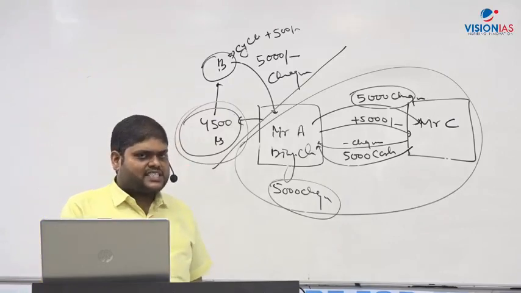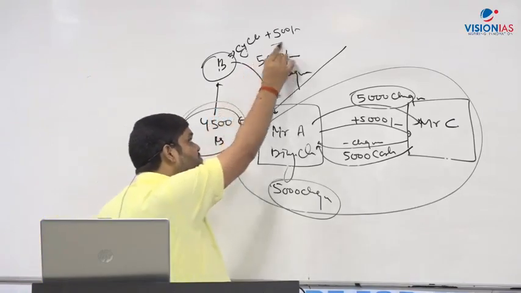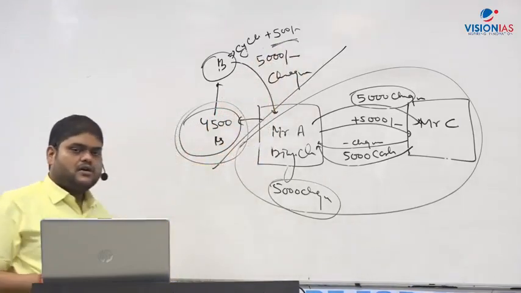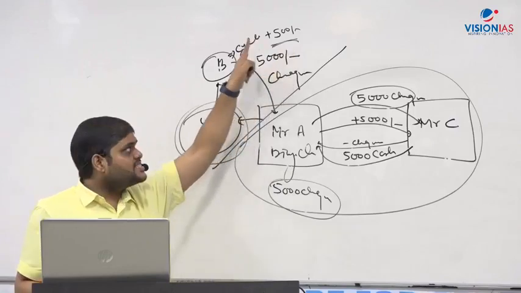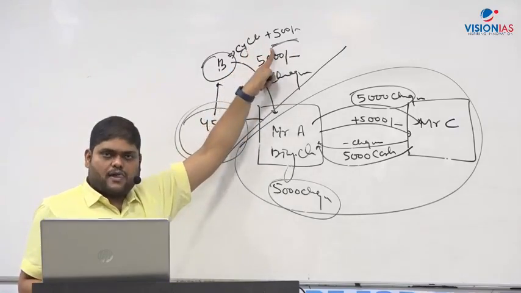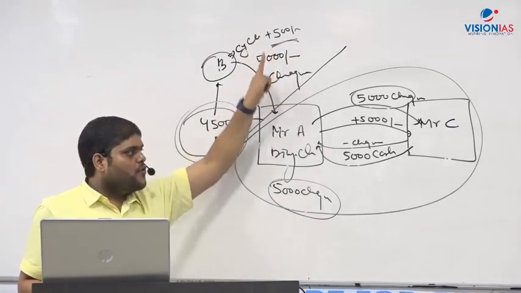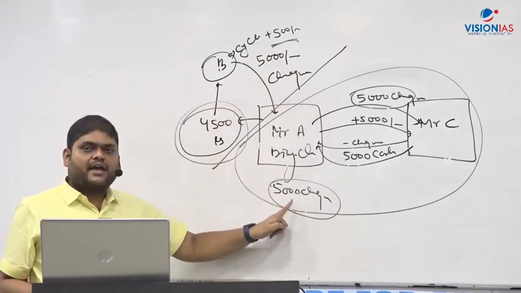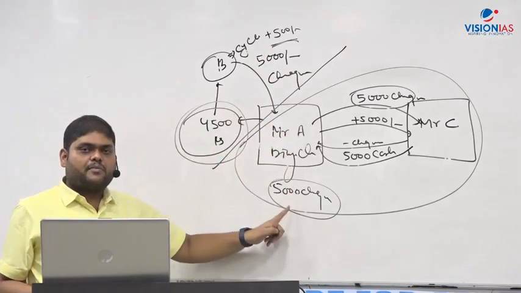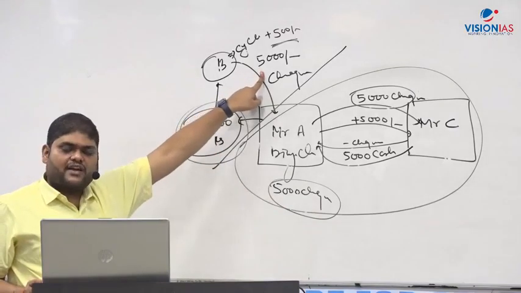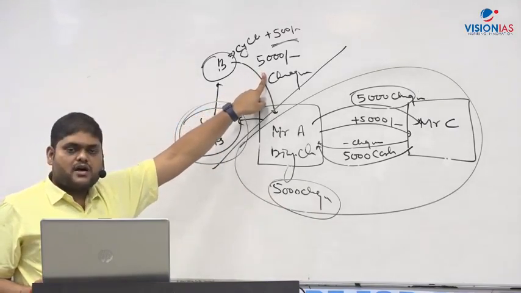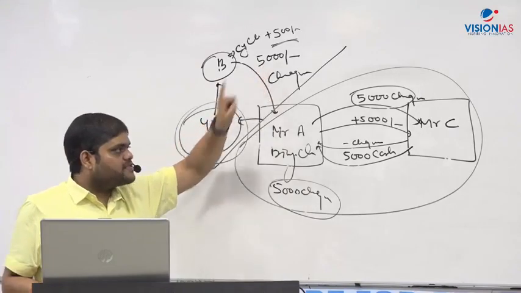And what else has he taken? 500 rupees in cash. So a bicycle and 500 rupees in cash, this is the actual loss. From where this checkbook is coming, so actual loss is of how much? Actual loss is 5,000 rupees.